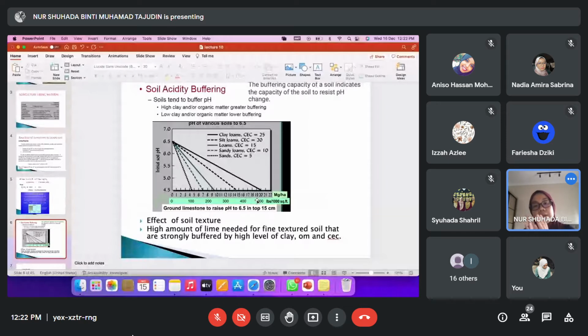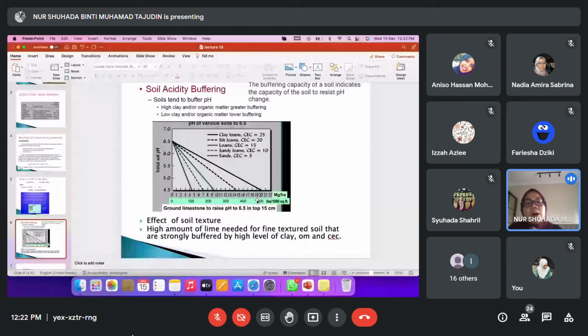So soil has a buffering capacity, the ability to resist pH changing, but that's why you have to put more to raise its pH.